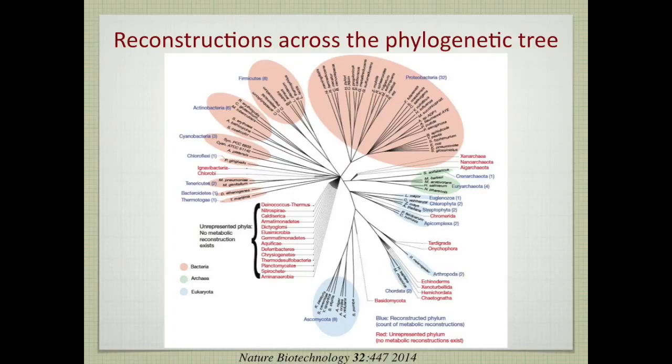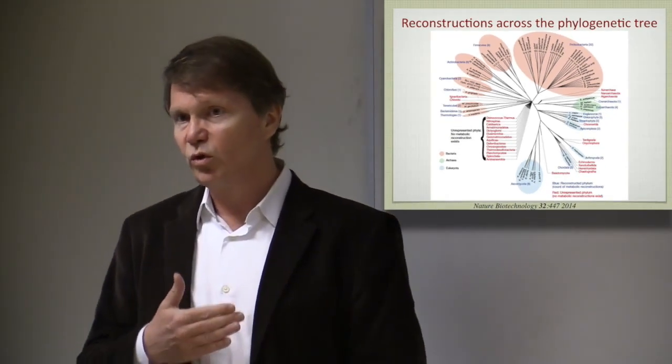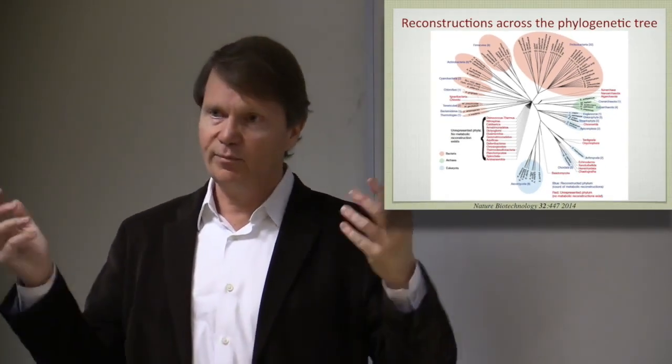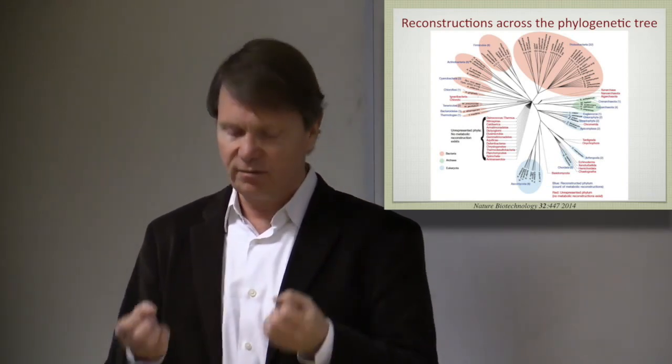Personally, I think this field has a grand challenge, which is to go through that entire phylogenetic tree with a reasonable coverage of branches so that you can interpolate between them, but get enough model organisms fully reconstructed so that we can understand the totality of all biochemical transformations that are currently resident on this planet. And I think this will happen. This will probably be one of these large science or big science projects. Will probably cost $100 million and take 10 years or something like that. But that's what you can do once you have a workflow. If you have a workflow and all the inputs to that workflow are satisfied, you will get that output.